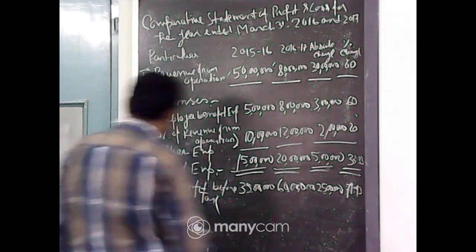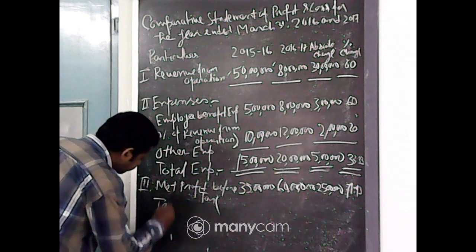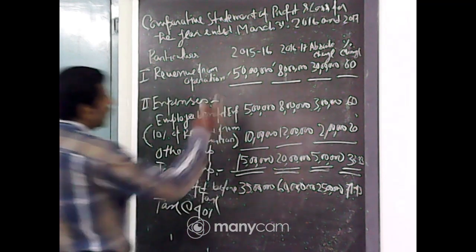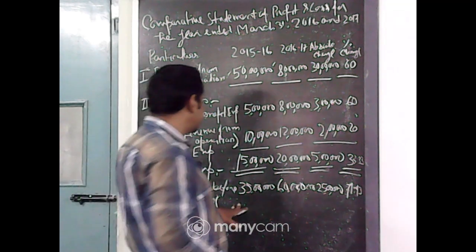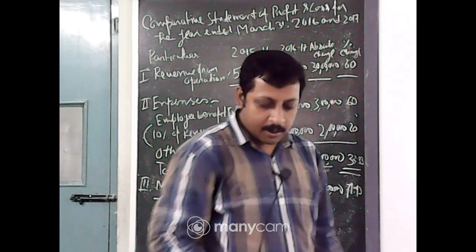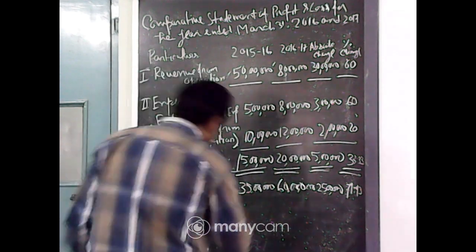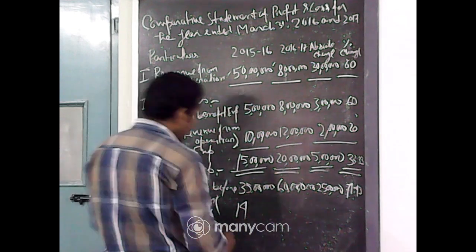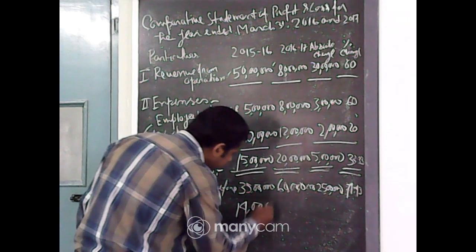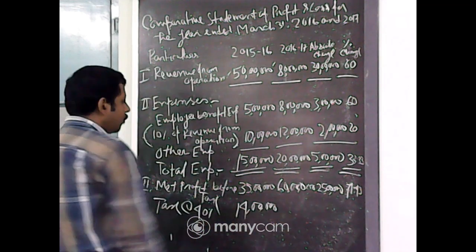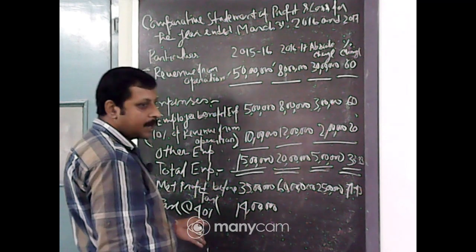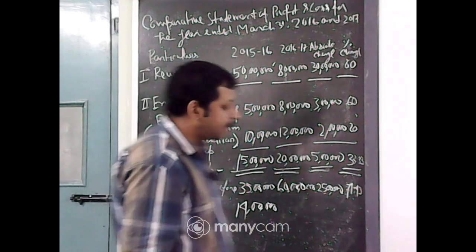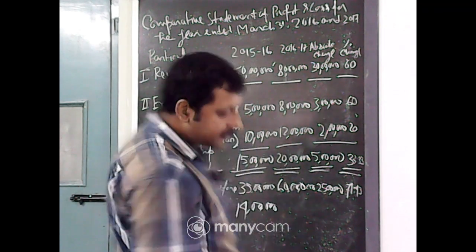Now you know the tax rate, just charge the tax at the rate of 40%, because in both years you have to charge tax on your net profit. 35 lakh into 40 by 100 is 14 lakh. 60 lakh into 40 by 100, that is 40% of 60 lakh, is 24 lakh.